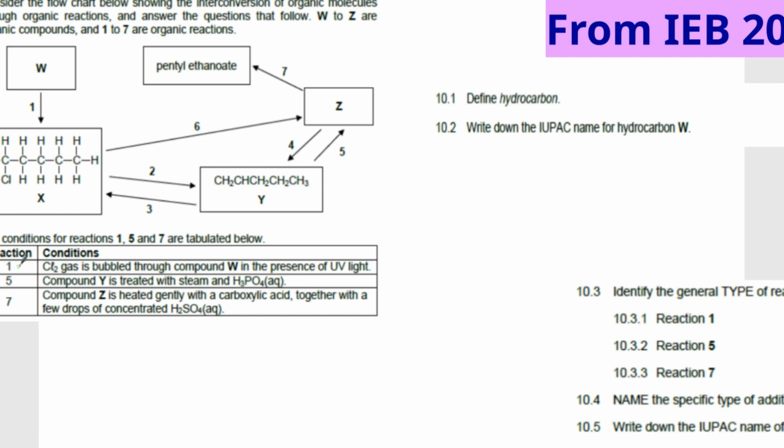So let's see. Reaction 1, they say Cl2 gas is bubbled through a compound W in the presence of UV light. That's a bell that must go off, because you know the only thing that needs UV light to react is an alkane. So this is going to be some alkane. And because we now already know that we're working with pent, we know that it's going to be pentane.